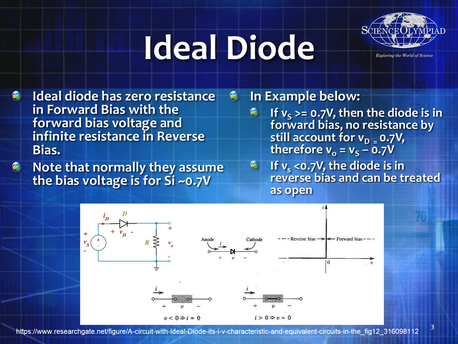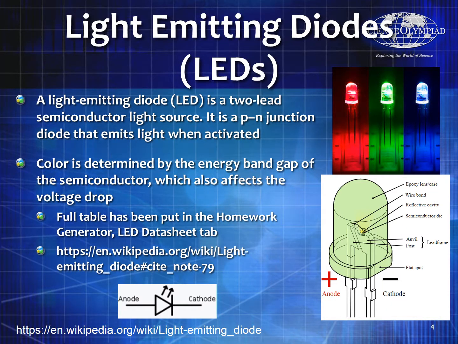We talked about how an ideal diode is basically either an open or a short circuit with no voltage. However, we also talked about light emitting diodes, which are a special type of diode which emit light. They act just like a diode, and depending on the material, they emit different colors of light.